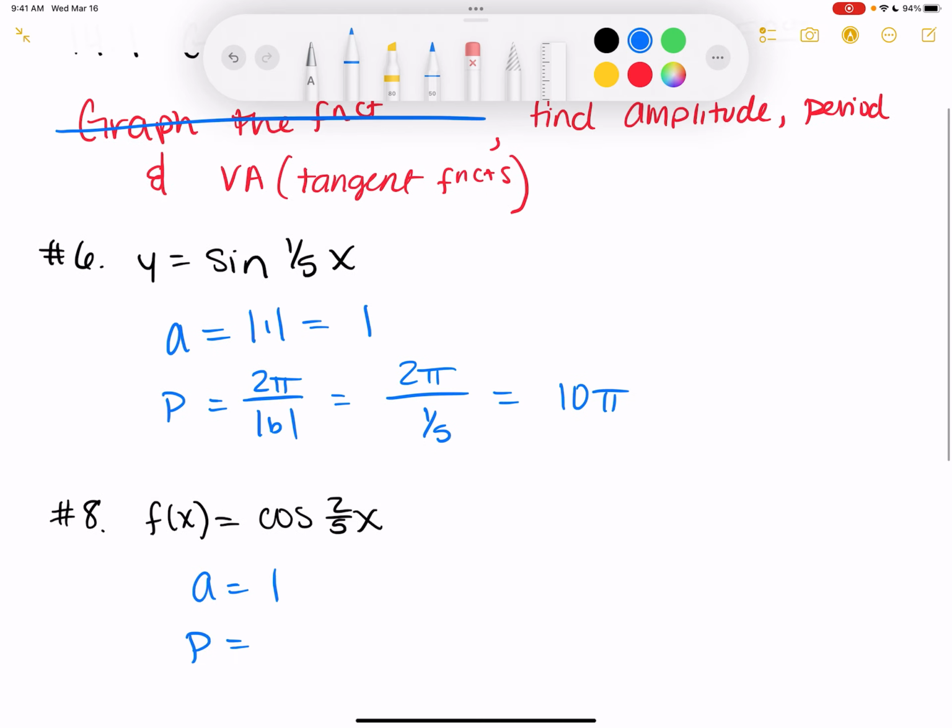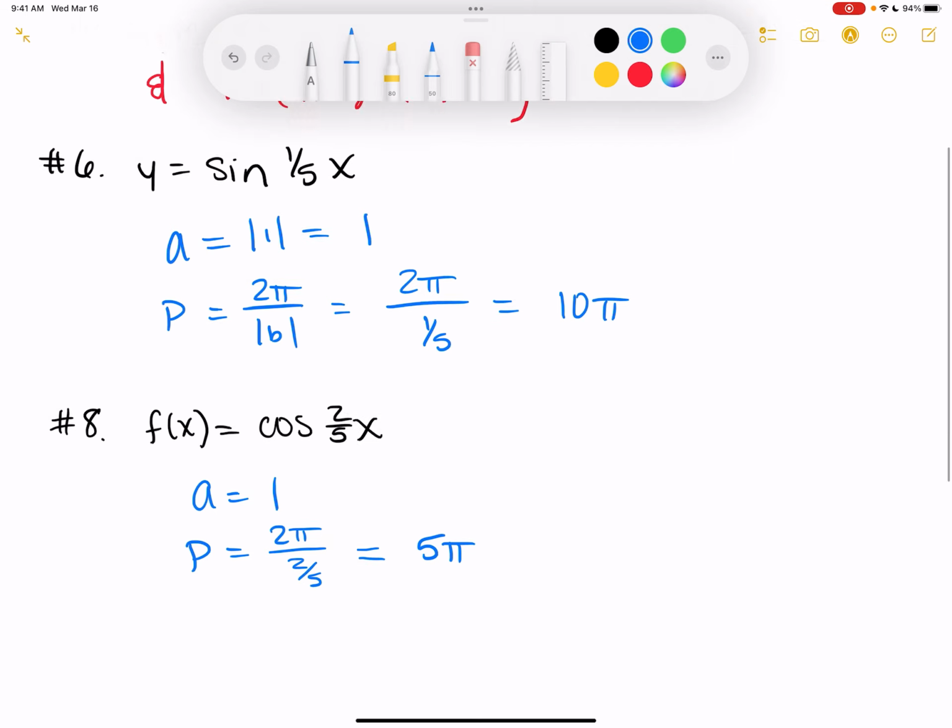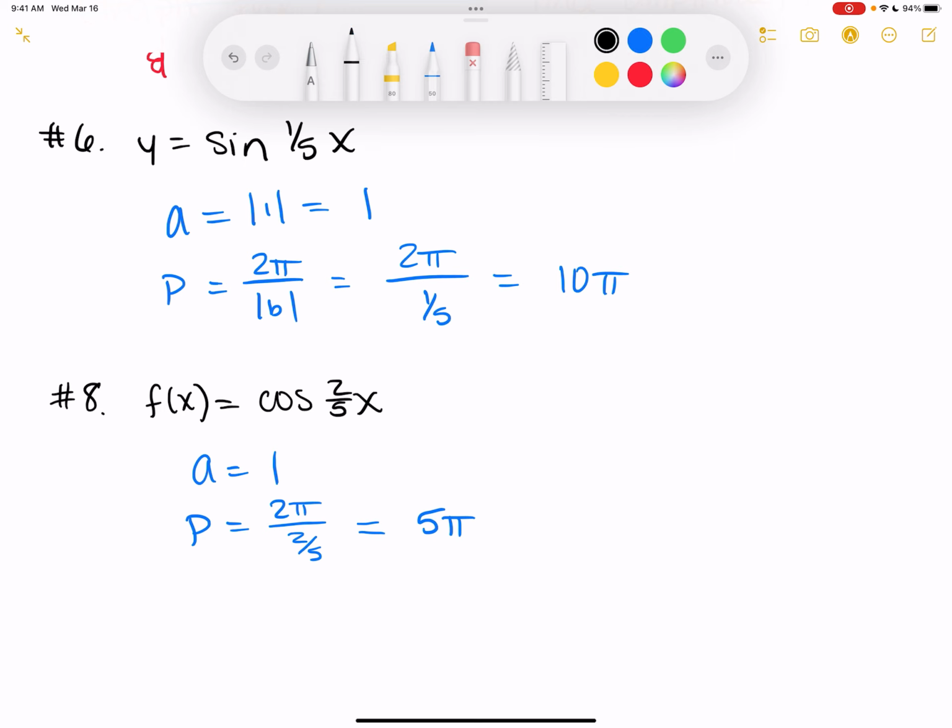Period. 2 pi over 2/5 is already positive, so what is that going to give me for the period? 10 pi over 2, 5 pi. Yep, 5 pi, because the 2's cancel out. And you're done.